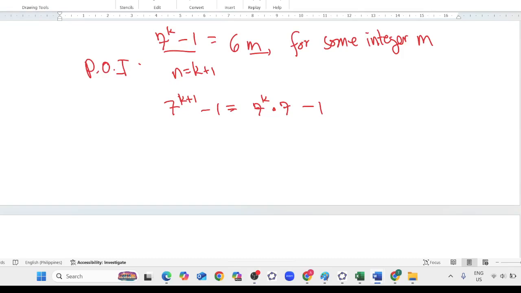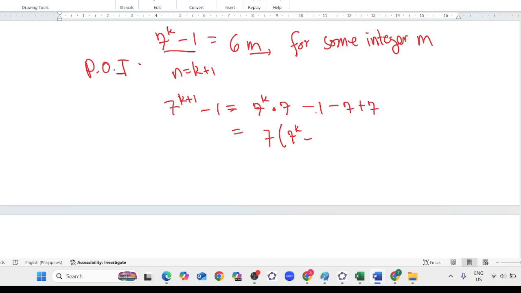Okay, so then after that one, we have 7 raised to k. Sorry, pwede ko rin pag-on 7. 7 and then multiply by 7^k. Then, instead of here, mag-add ako dito negative 7 plus 7.